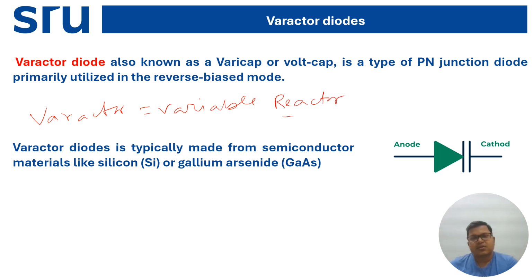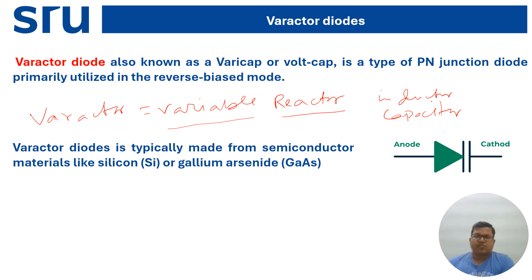Here reactor basically means a device which has electrical reactance. We know inductor and capacitor have this property, so it will basically work as a variable capacitor, or variable reactor in that sense.